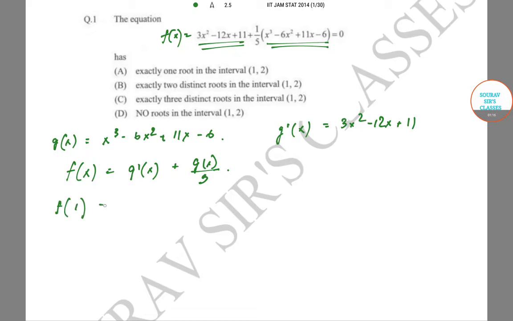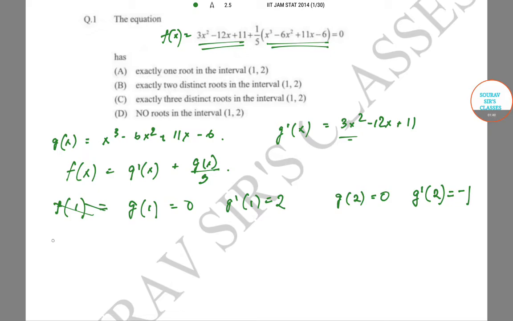Now what is f(1)? Before that, let us compute g(1) = 0, g'(1) = 2. From this, g(2) = 0 and g'(2) = -1.